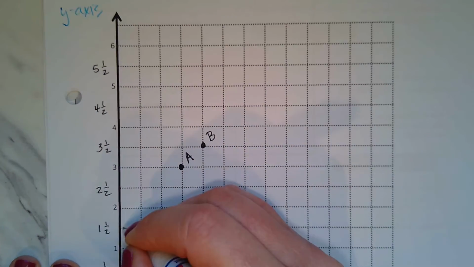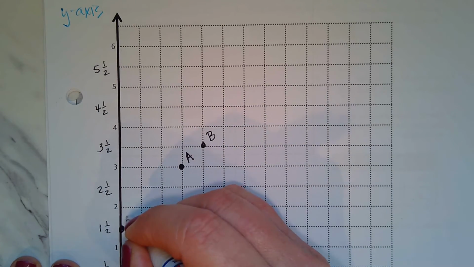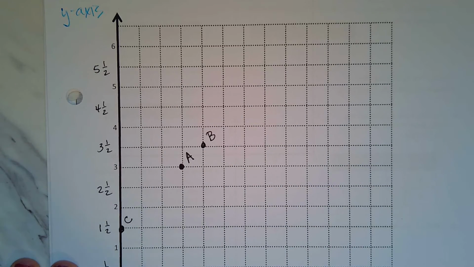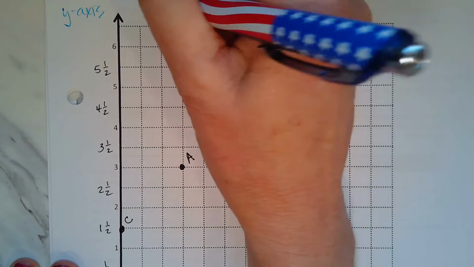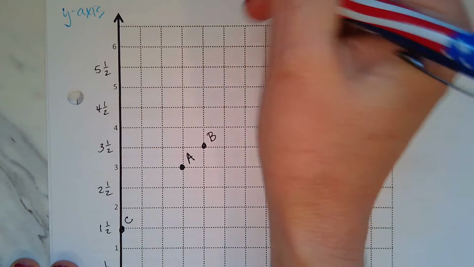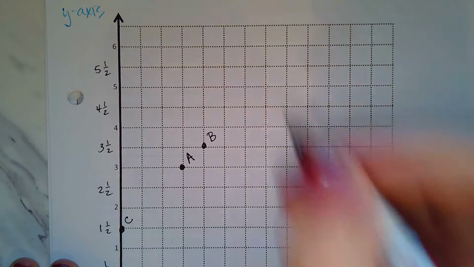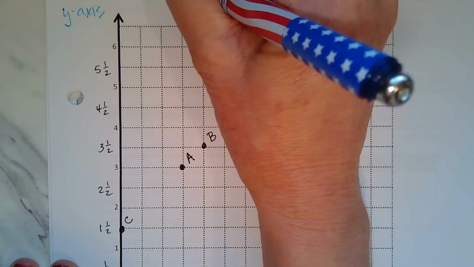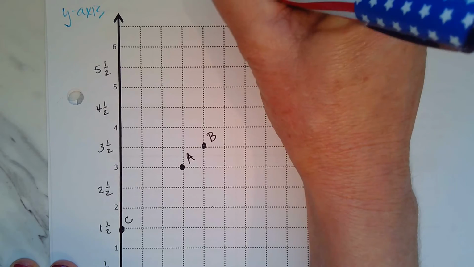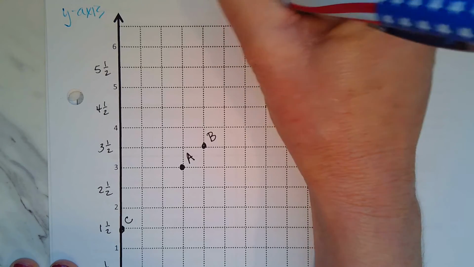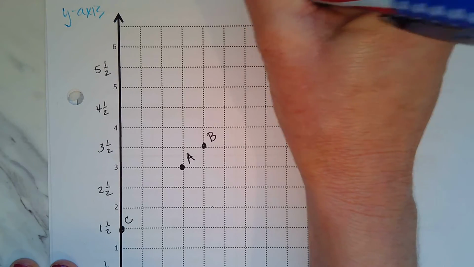So 0, 1.5 would be my C. What if I give my D, what if I go to 4? What would my Y be? Right, it would be 5.5. So 0 and 1.5 and 4 and 5.5.